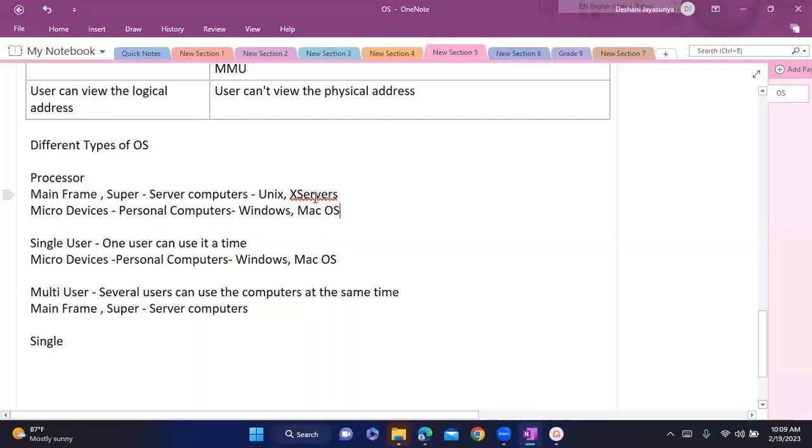Next one is the single task and multitask related area.